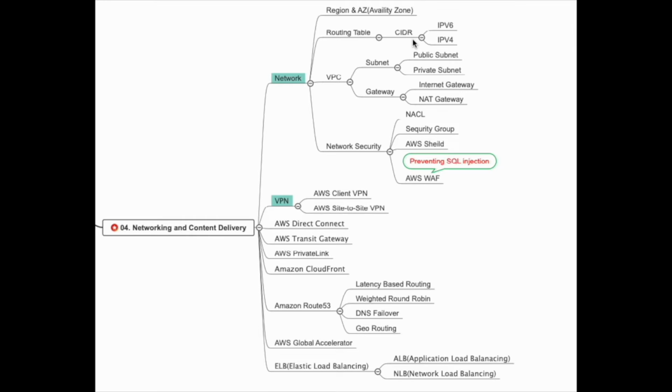The most important concept in networking is a VPC, a virtual network. There is a subnet, which is a smaller network unit than a VPC, and you must also know the difference between an internet gateway and a NAT gateway, which allow communication with the external internet.